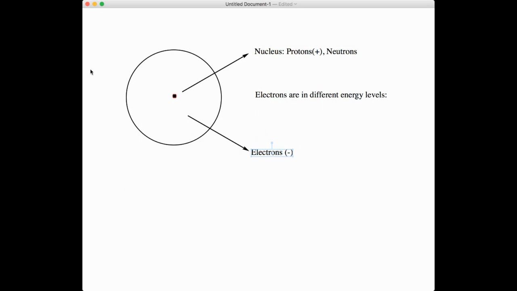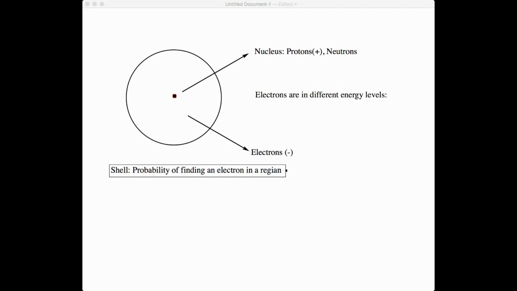So I'm gonna say here, we're gonna define what is a shell, and that's probability. Around here we have shells.